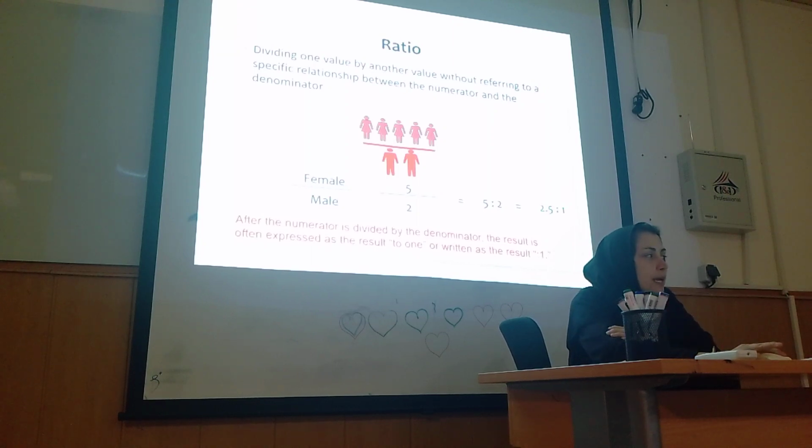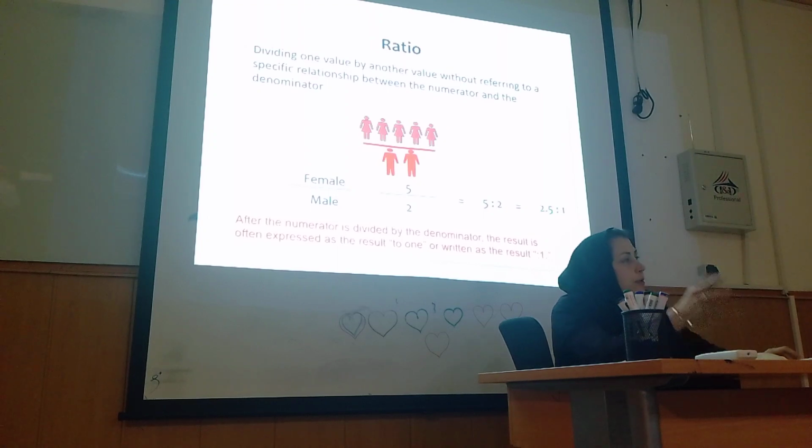The ratio of female to male is, for example, 5 to 2. It means 2.5 per 1. So you can translate it into an easier form. If you divide both of them by 2, it would be 2.5 to 1.